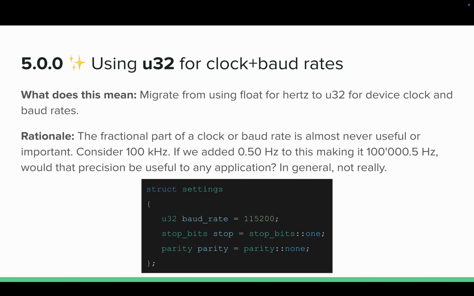Next up, and I'll be using those things that we learn in each slide for the next slide. So for example, we'll be using a U32 for the clock and baud rates. So before we were using floating points to represent hertz, and that's fine-ish.